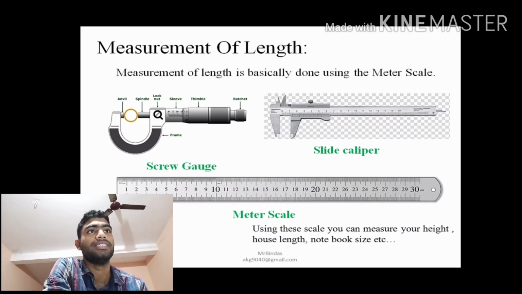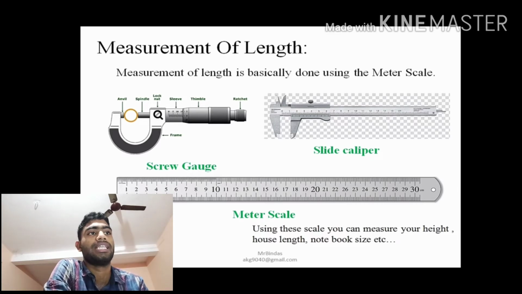In measurement of length, we use some measuring tools like screw gauge, slide caliper, and the meter scale. The meter scale is basically used to measure length. If you draw a straight line, then you can measure the length of this straight line with the meter scale, and you can also measure the length of a table by using a meter tape.